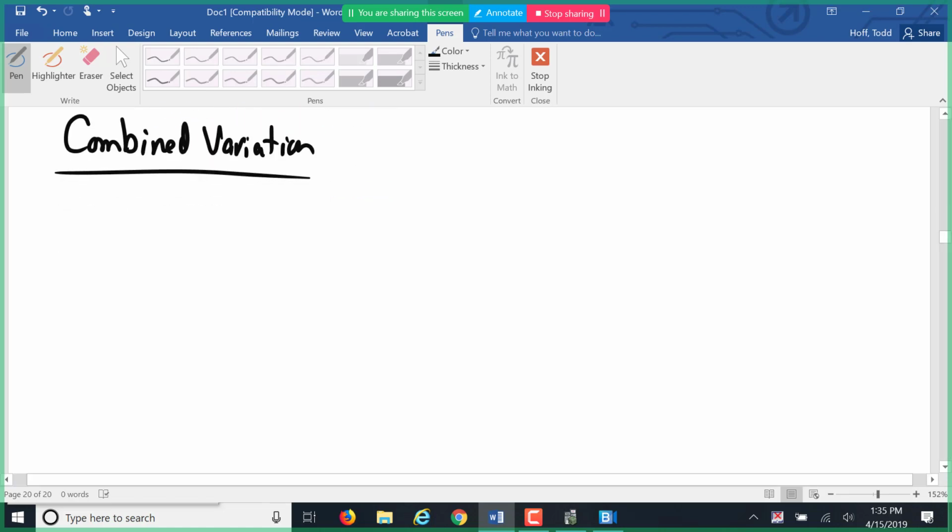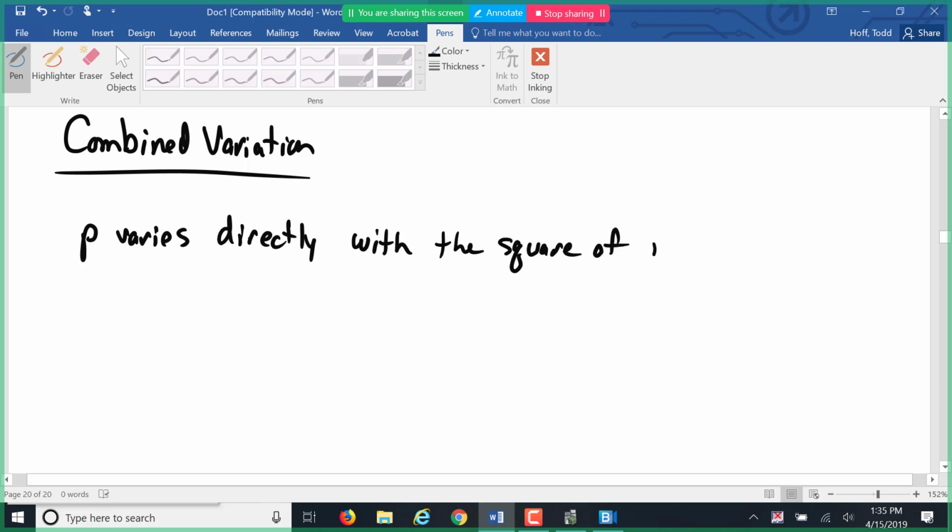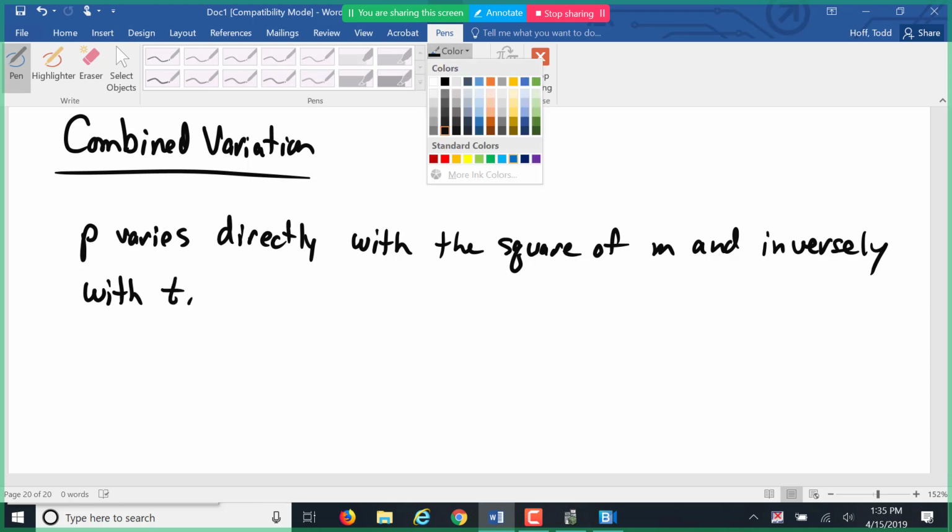We might say that P varies directly with the square of M and inversely with T. What does that mean?